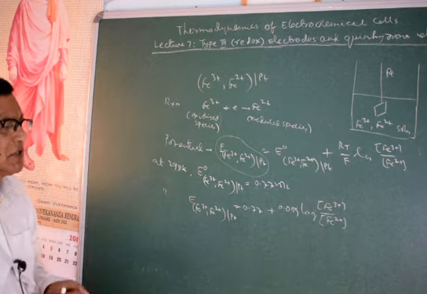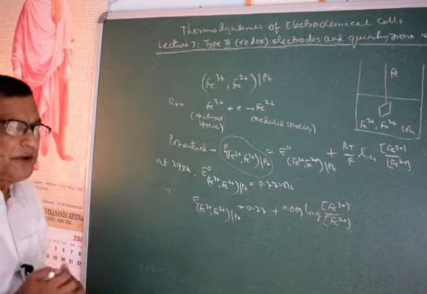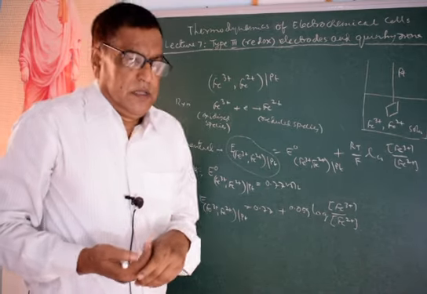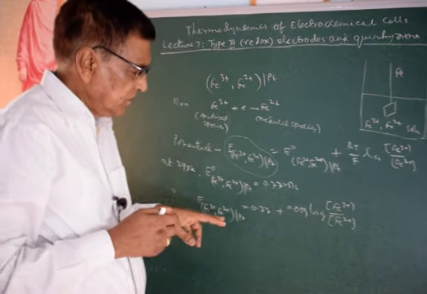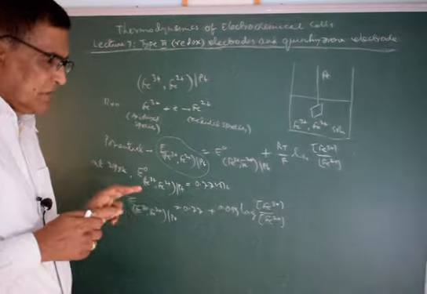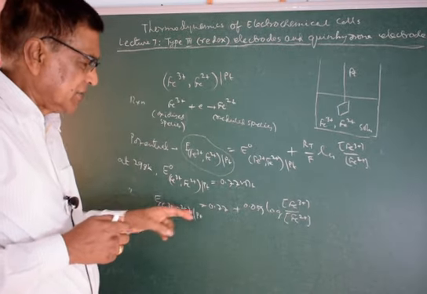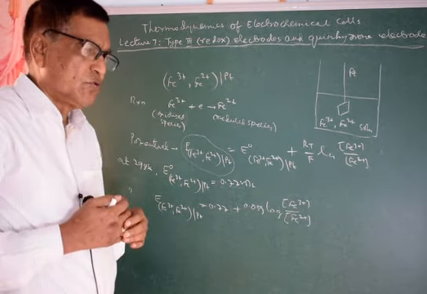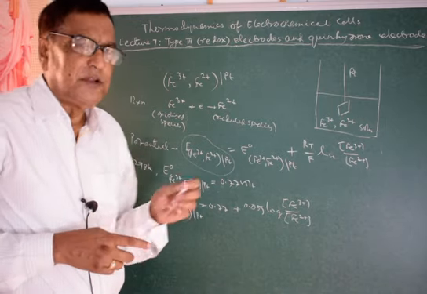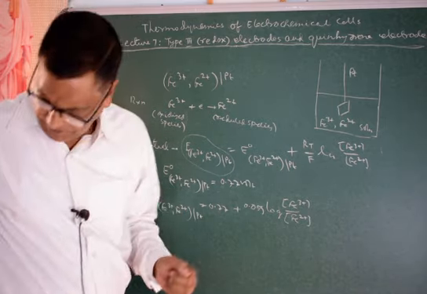This is the expression of this potential, and this value could be obtained by coupling with the secondary or the standard hydrogen electrode, and the cell so formed is determined by means of a potentiometer.